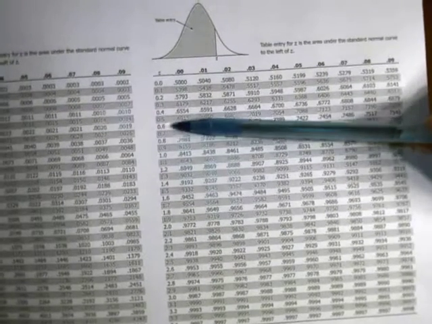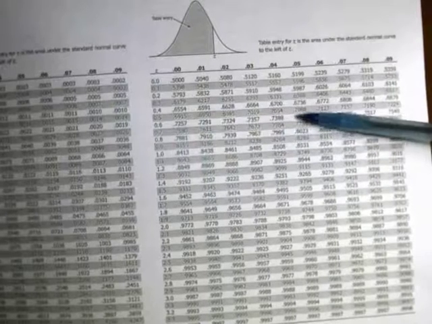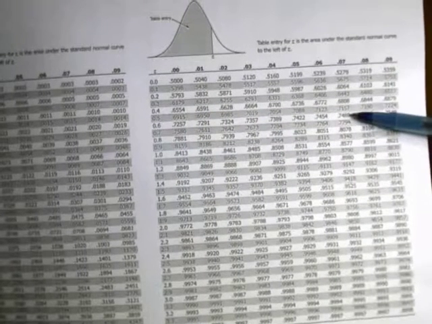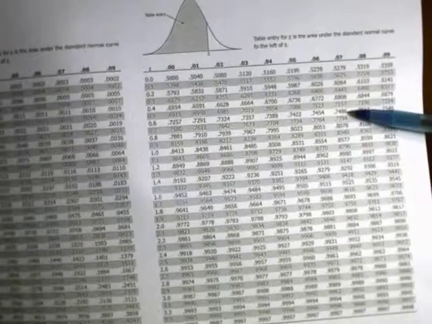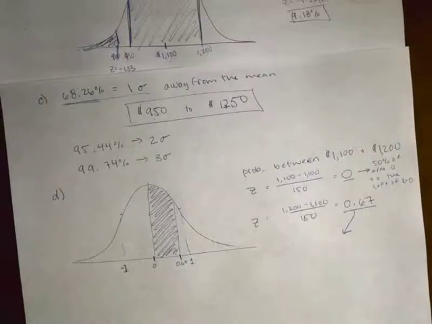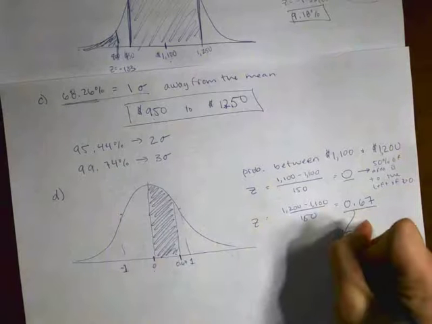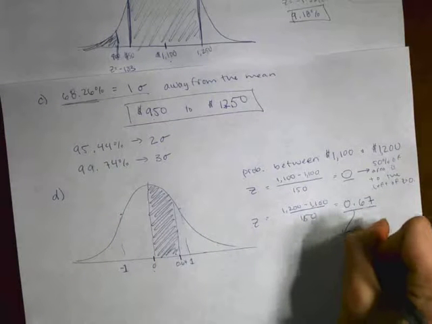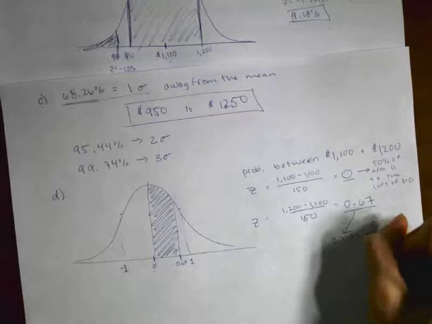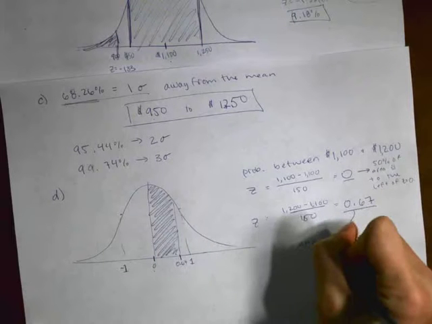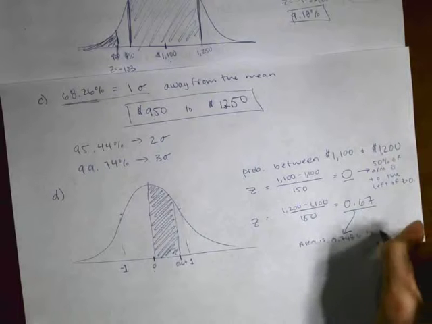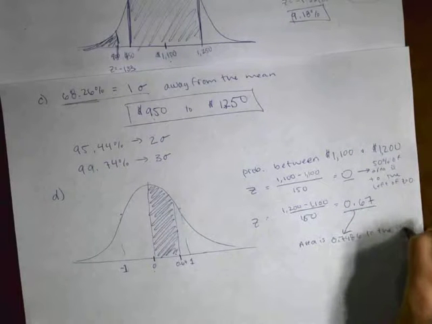A z of 0.67, I'll follow this down to 0.6 and over along the white line until I get to 0.67, and I see 0.7486 right there. So I'll write that down. So this is 0.7486 area to the left.